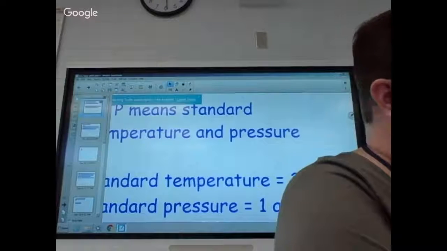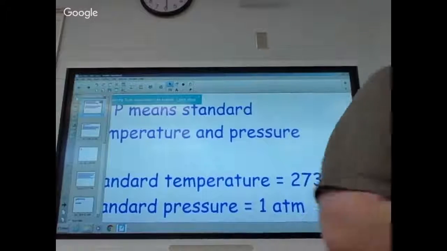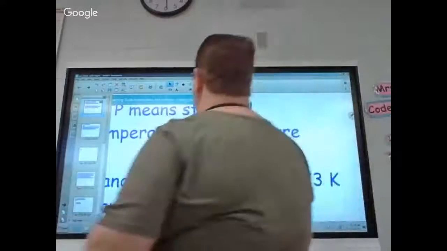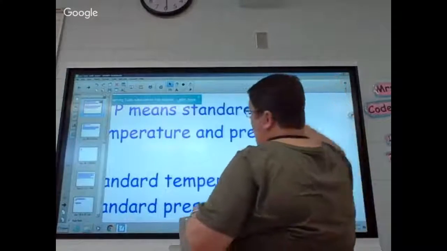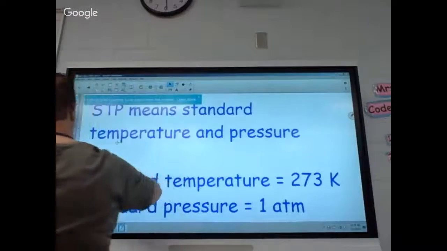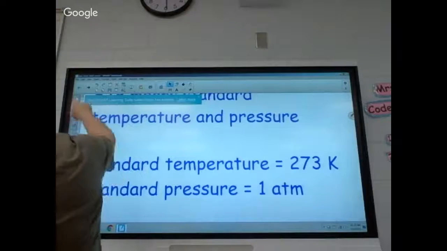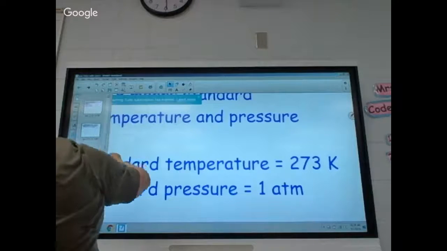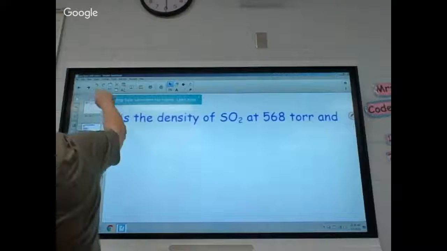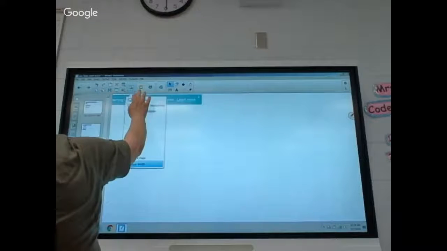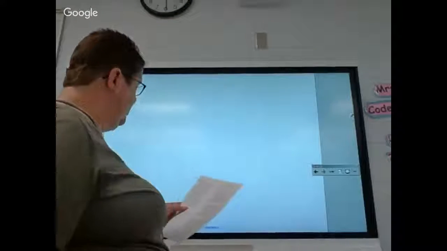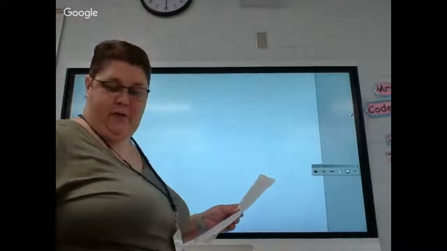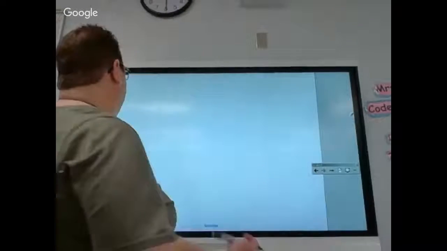All right, so I have a call for 2 and 3. So 2 and 3 are review. All right, so let me go all the way to the end of this. All right, 2 says that we have 0.250 moles, and it wants to know molecules.